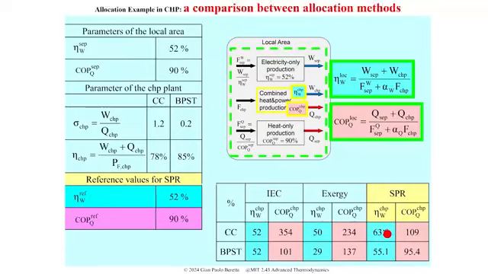So you have evenly distributed, you've treated equally work and heat. So you gave to both work and heat the same weight or the same advantage of the cogeneration.